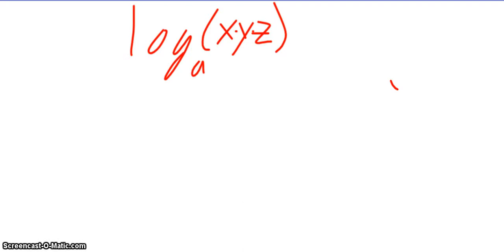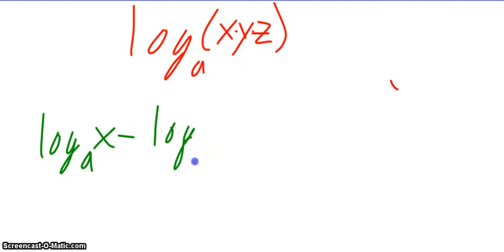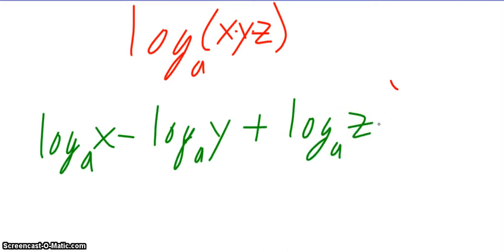And the same is true if we have a subtraction in there somewhere. So if we have log base a of x minus log base a of y plus log base a of z, now we'll combine these just in the order in which they are written. If there are parentheses somewhere, then obviously we do what's in the parentheses first. But in this case, since it's one single expression written out, we just go in the order in which it's written.